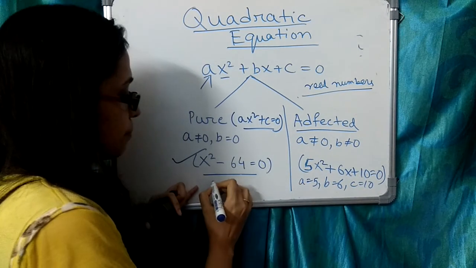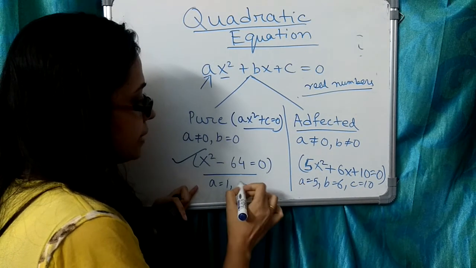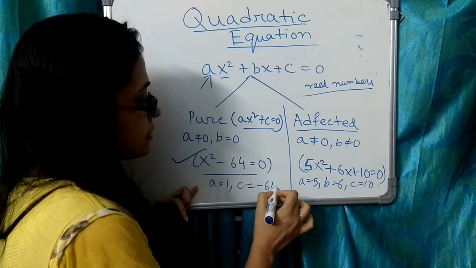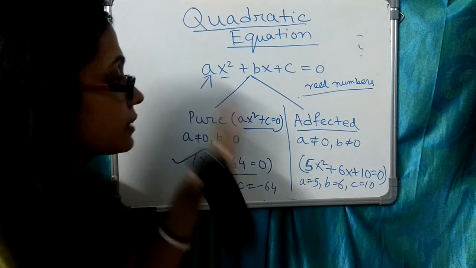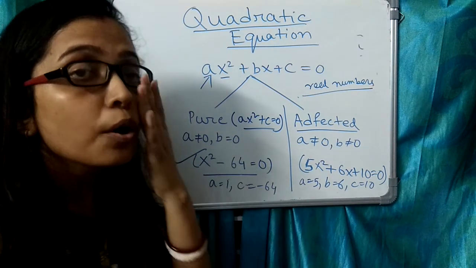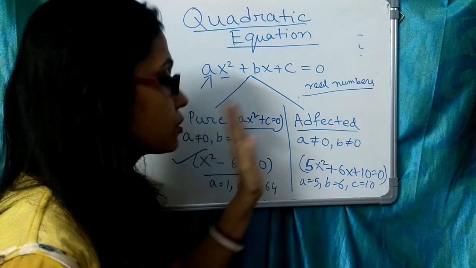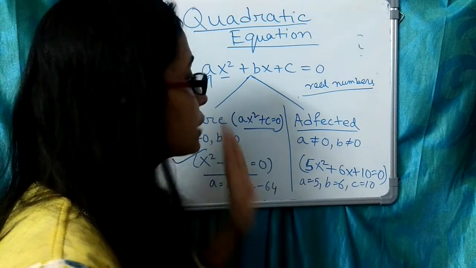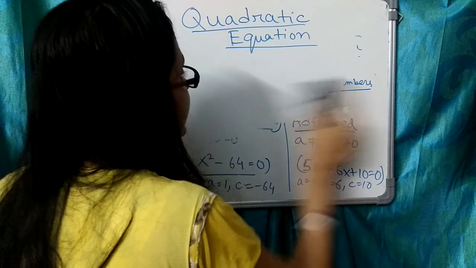And in the previous example, a is 1 and there is no b. c is minus 64. With this, we have understood how to identify a quadratic equation. We have understood the two types of quadratic equation. Let's come to the next part.